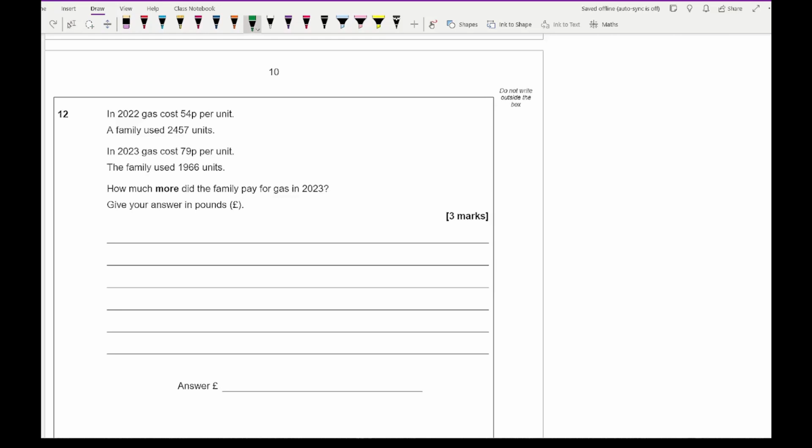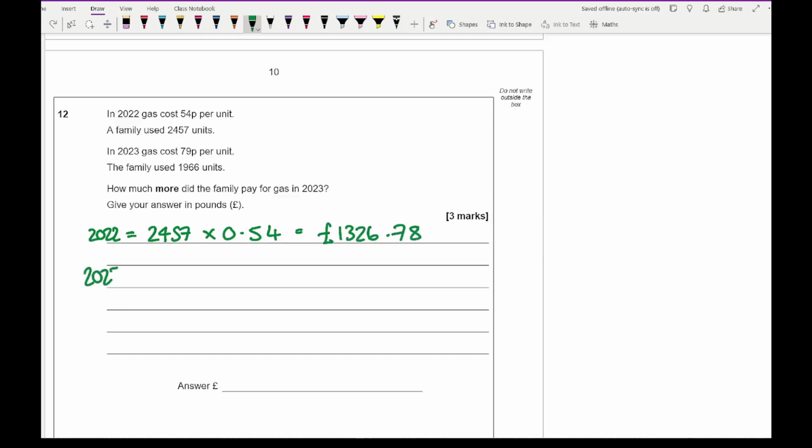First of all, in 2022, the calculation we need to do is 2457 multiplied by 0.54. I'm working in pounds, but if you did 54 that would be fine, you'd just be working in pence. That gives me a total of 1326.78.